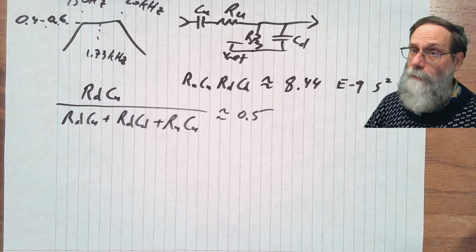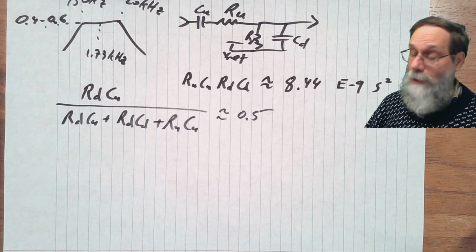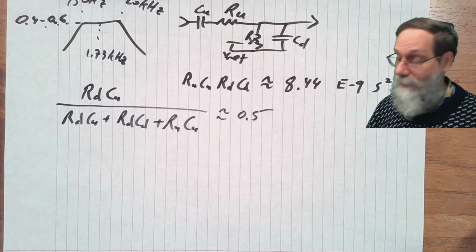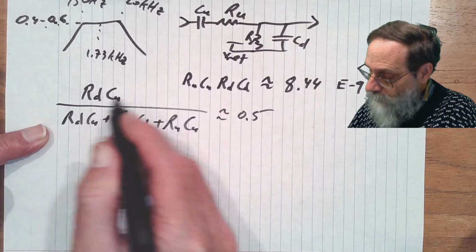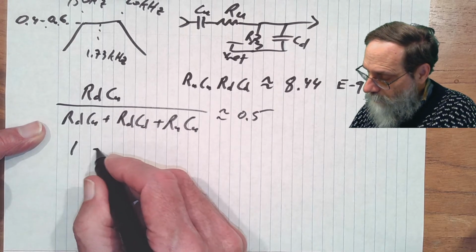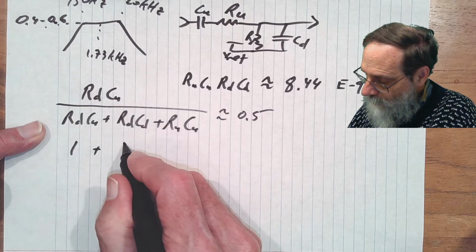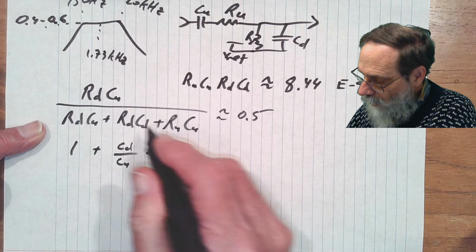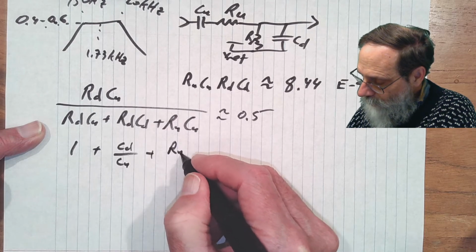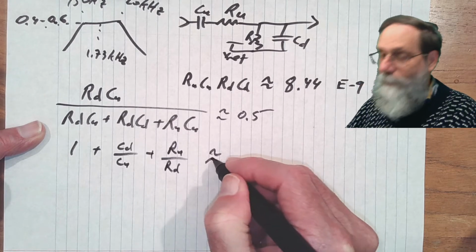It's a little easier to solve if we flip it upside down, because then we can do the division easily. So we would get RDCU over RDCU, that's 1, plus CD over CU, plus RU over RD is approximately 2.